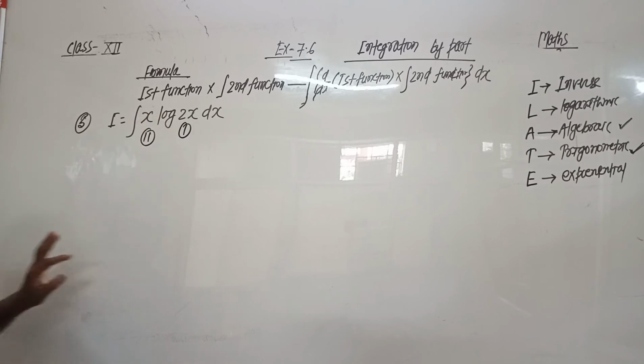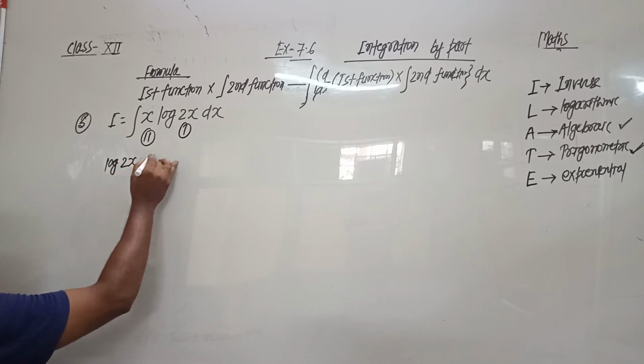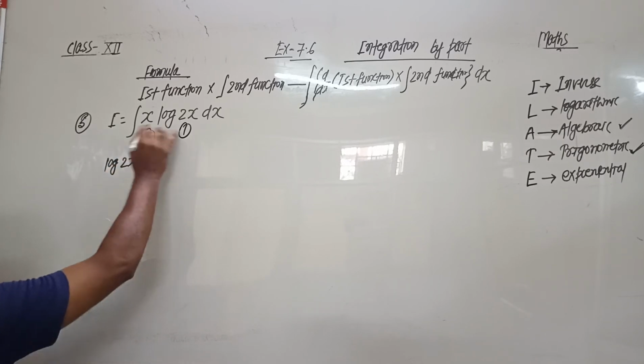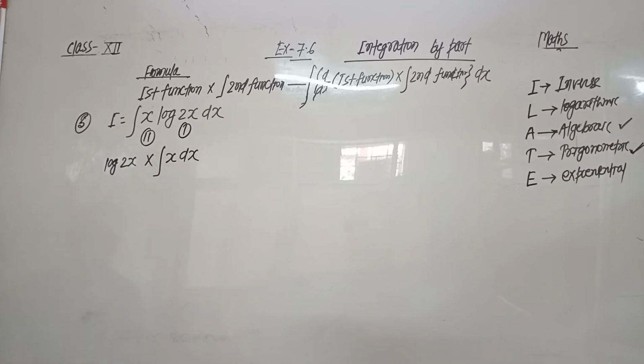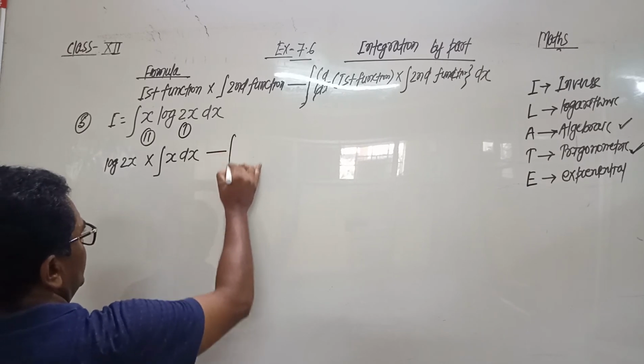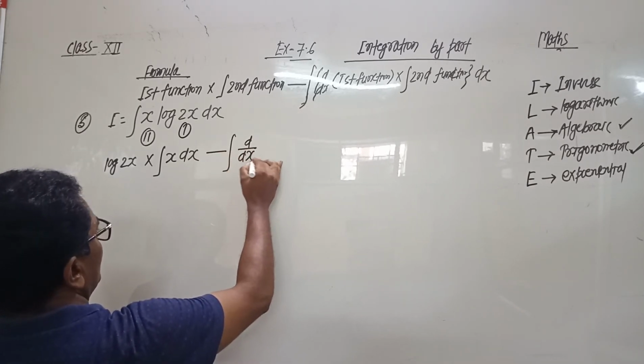use this formula. So first function means log 2x, into integration of the second function. The second function is x and its integration is x dx, minus integration of d by dx of the first function.